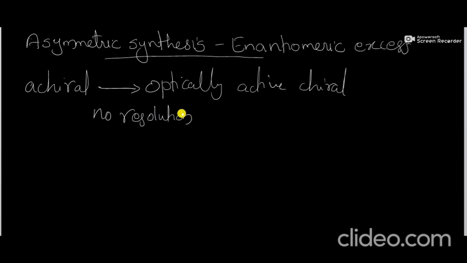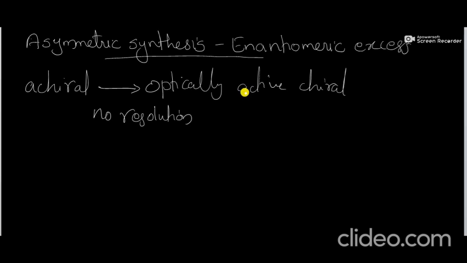What is the need of asymmetric synthesis? When a chiral compound is synthesized by ordinary methods, we get a racemic mixture. However, if such a synthesis is carried out under enantioselective or asymmetric influence of a chiral reagent, one of the enantiomers may be formed in preference.